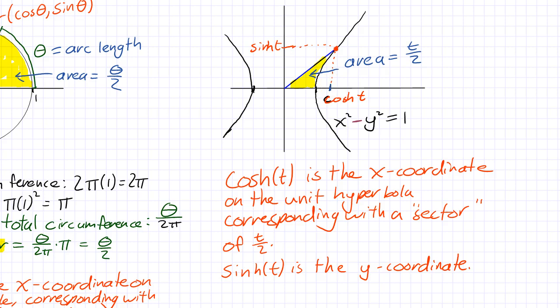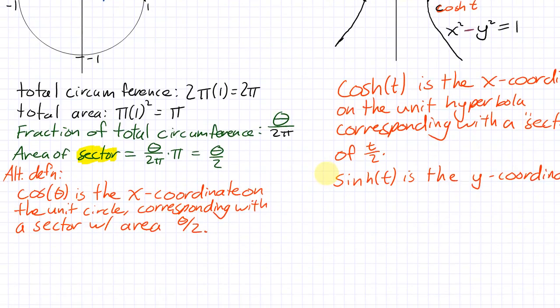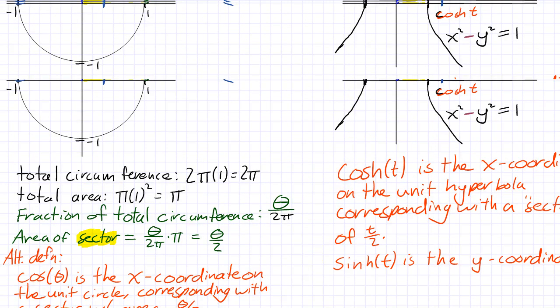So hyperbolic sine and cosine have the same sort of relationship with the area of that sector as regular circular cosine and sine have with a circle and the area of sectors in a circle. So that's where the name comes from anyways.